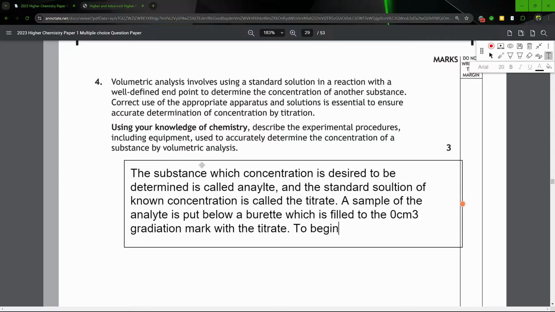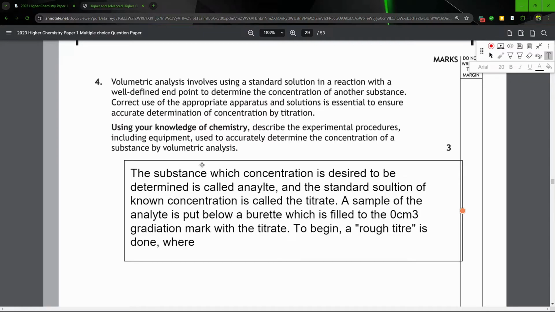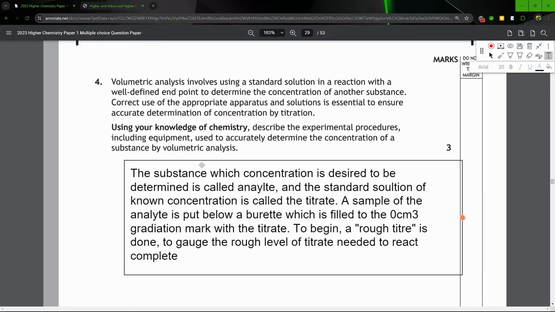To begin, a rough titer is done. So a rough titer is done to gauge the rough level of titrant needed to react completely with the analyte. How do you spell that?